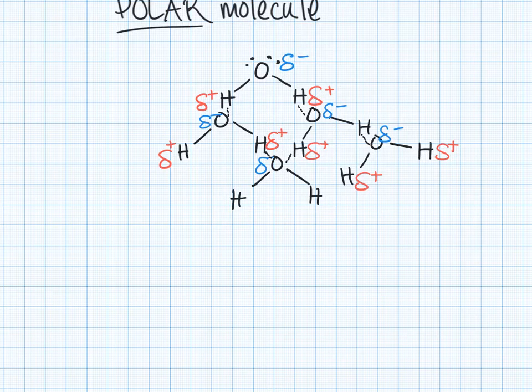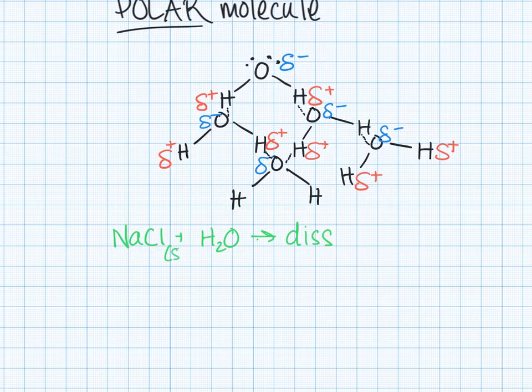So this brings us to how something like an ionic compound would have a favorable interaction with water. So how does something like sodium chloride interact with water to become dissolved?